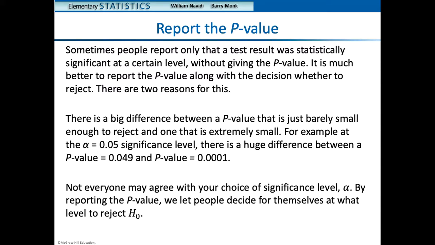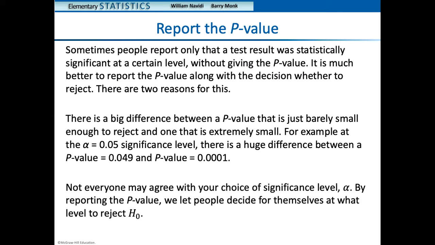And then finally, when you conclude a hypothesis test, it's a good idea to not just state whether you rejected or did not reject the null hypothesis, but also explicitly state what your p-value is, right? And the reason for this is because there's some level of subjectivity as to what the value of alpha should be.